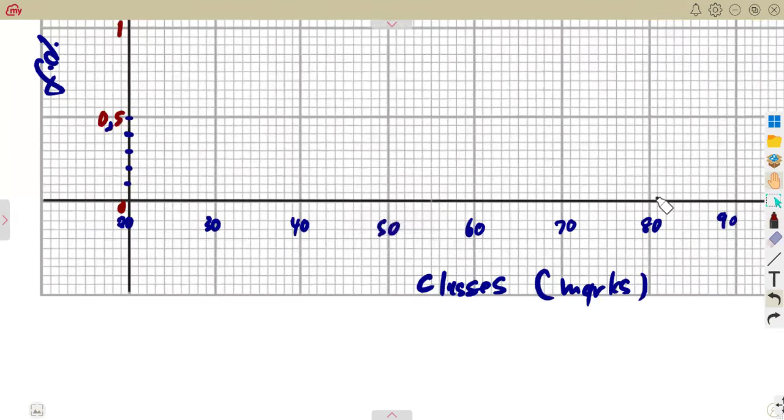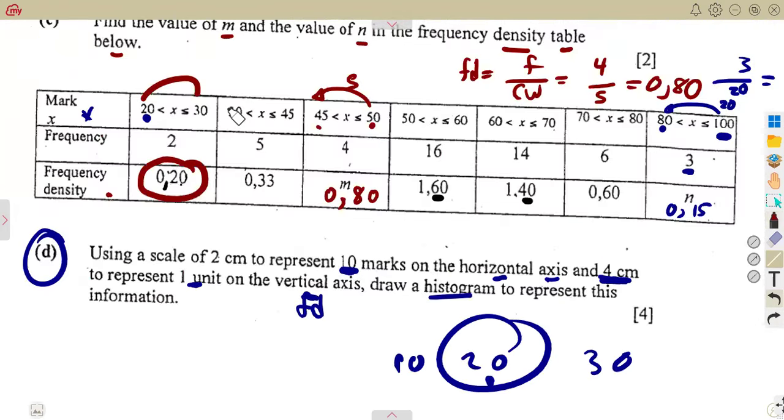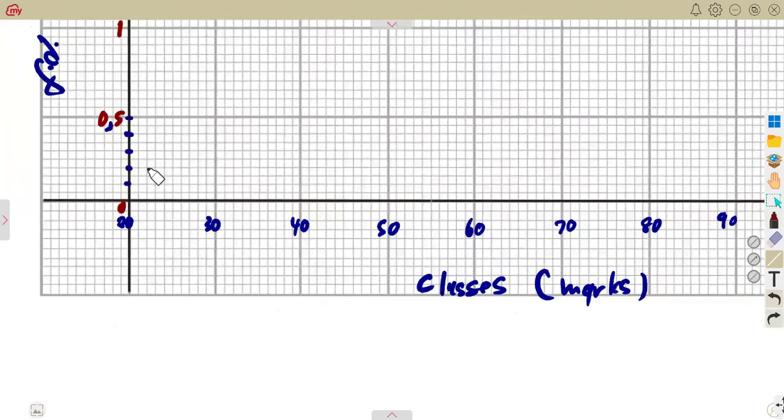Remember, 0.1 is 2 boxes, so 0.2 is 4 boxes. But the class is 20 to what? You must check: 20 to 30. So 20 to 30 versus 0.2, something like this at 0.2.